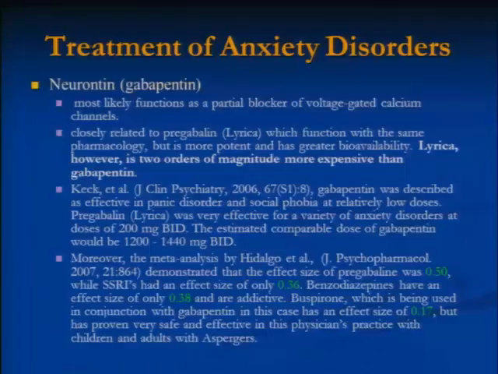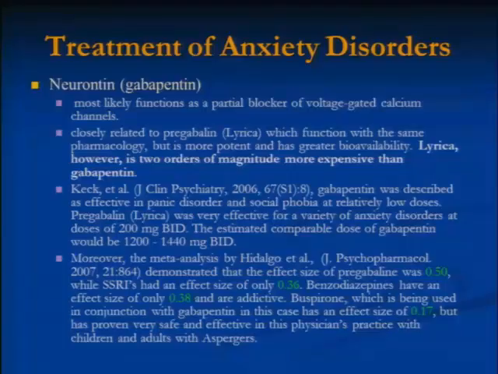And the studies are showing, for example, Hidalgo did a meta-analysis, and they showed that the effect size of Buspar was 0.17, so pretty low. The effect size of the SSRIs was 0.36. The effect size of the benzos was 0.38, and the effect size of pregabalin, which is Lyrica, was 0.5.